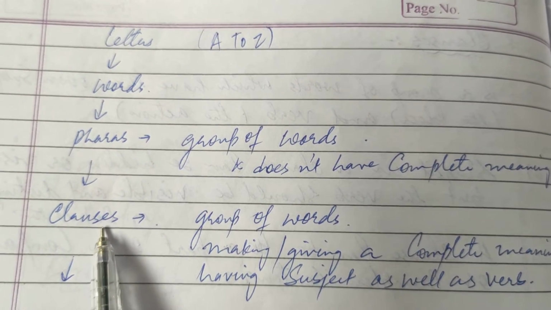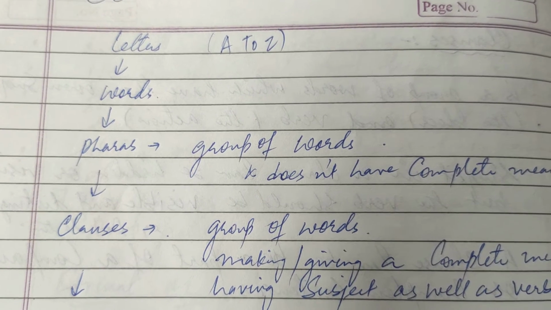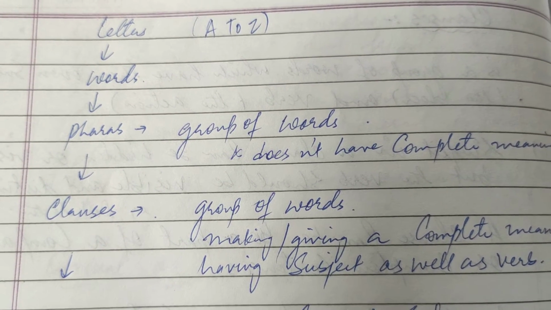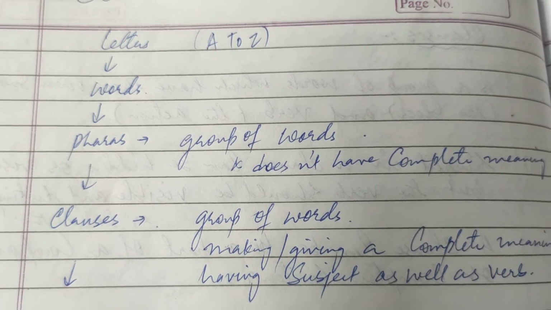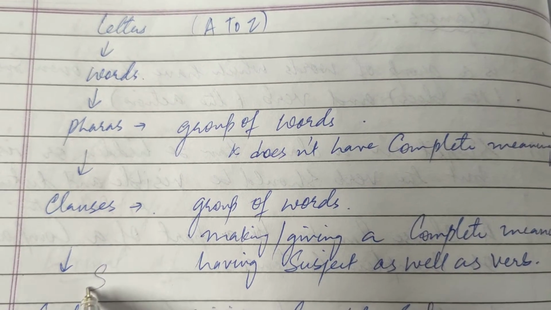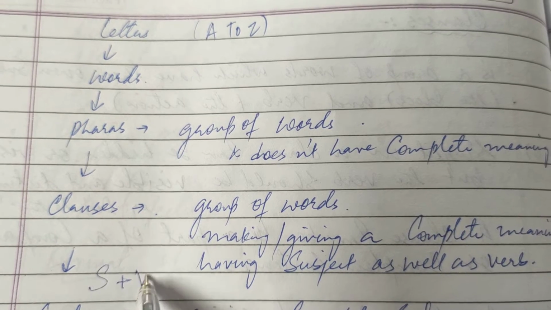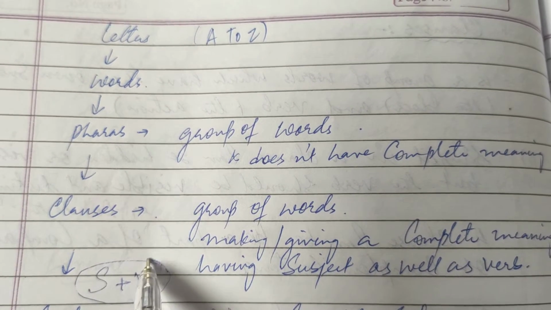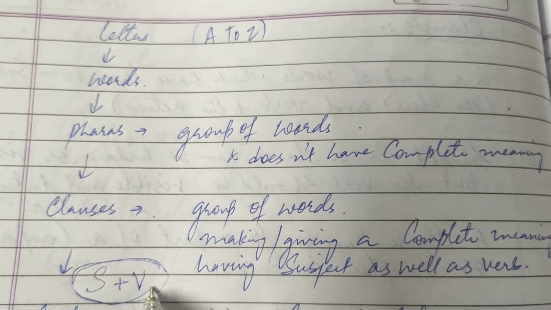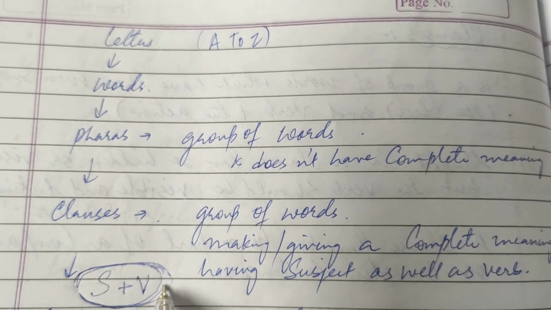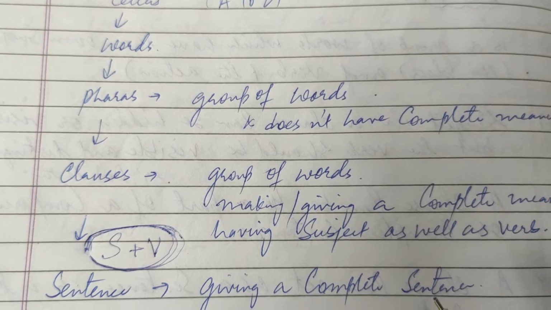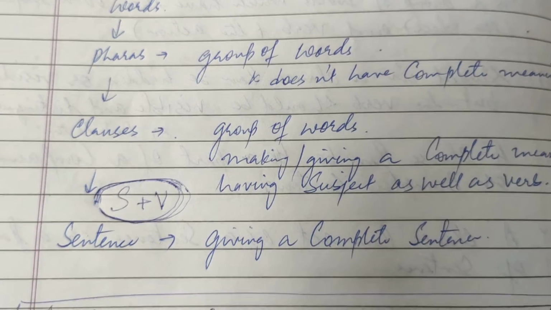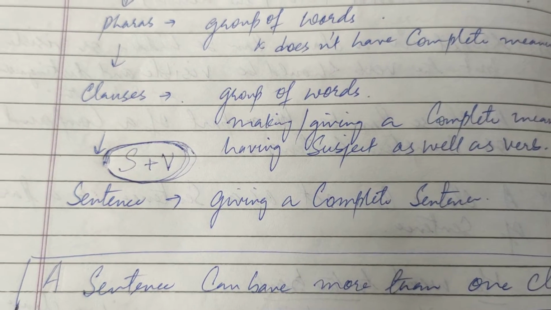So we mean that clauses do have a subject as well as a verb. If we see any sentence in which there is a combination of subject and verb, we can say that is a clause. And a sentence is a group of words which gives a complete sense.